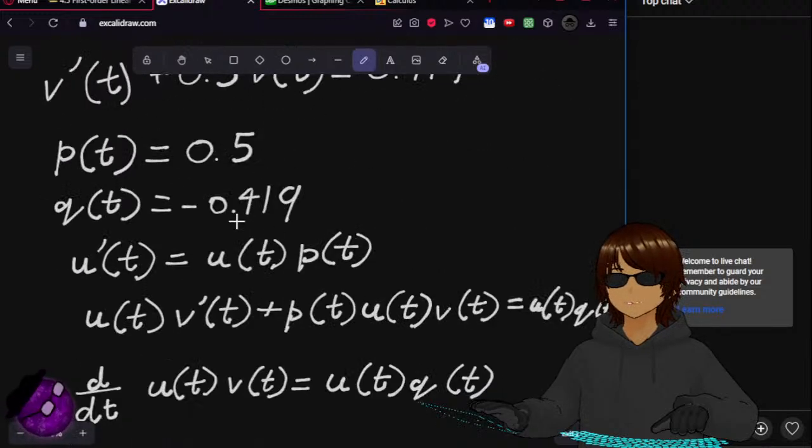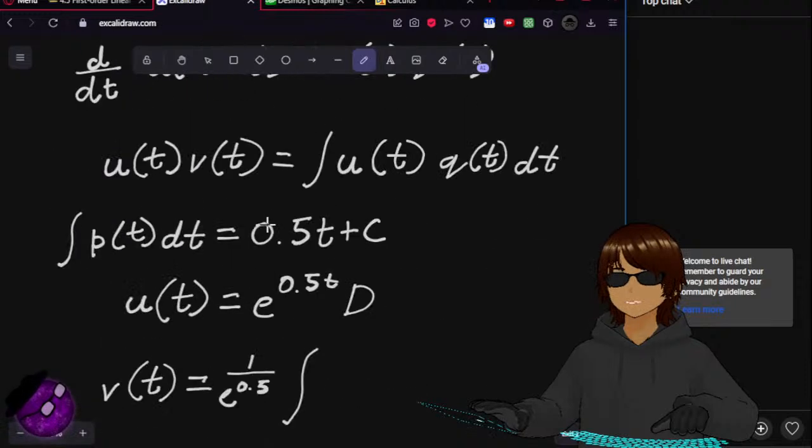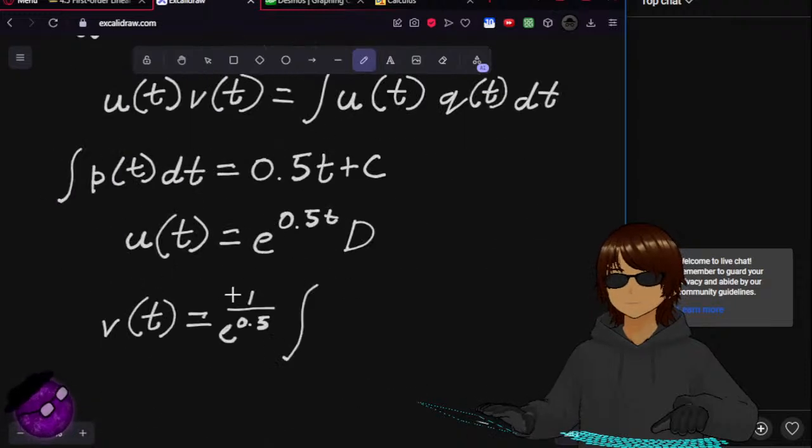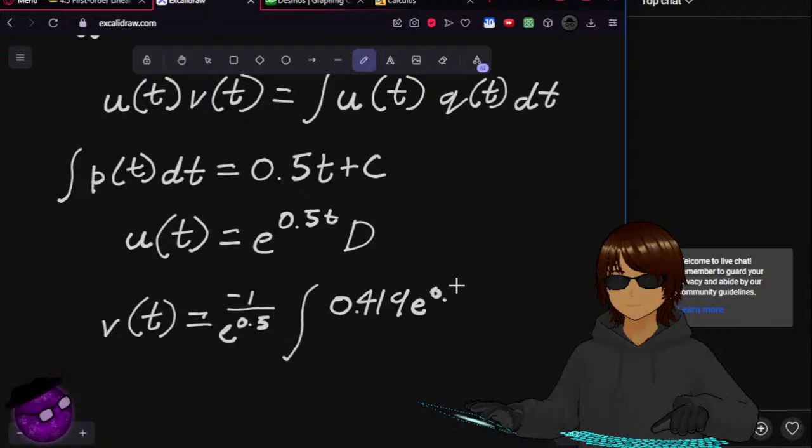Q(t) is minus 0.419. I'll write minus here, 0.419, and then the d cancels out.